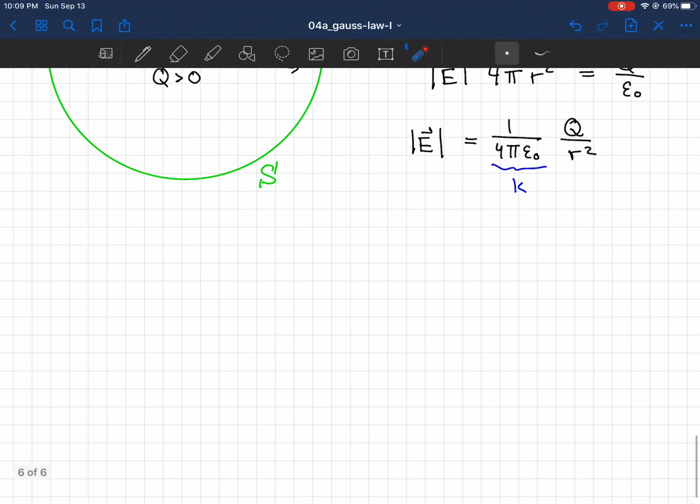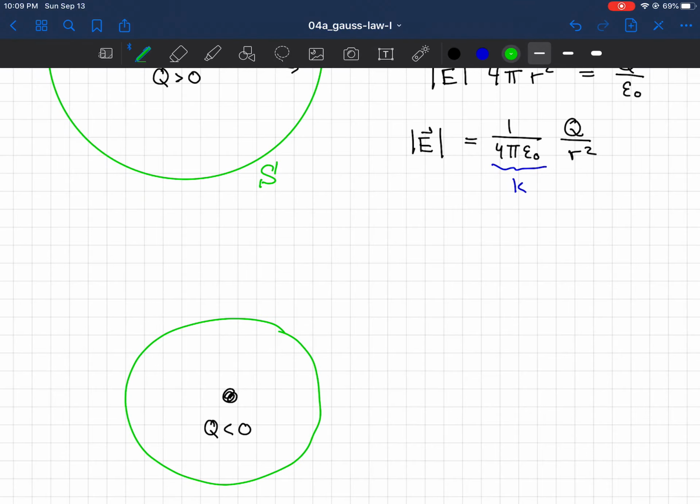We should probably quickly do it for a negative charge so that we can be very general about it. So if I have a q which is less than 0, then I could do exactly the same thing. Draw a circle, look at the electric field, and again, let's assume that we know that the electric field points either towards or away, and I'm going to draw it pointing away here. My normal vector will point away, because we said that that's the way it points for a surface, outward.